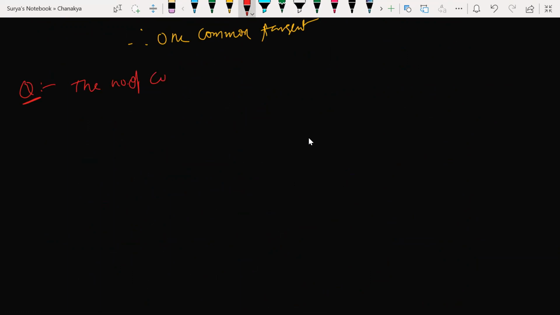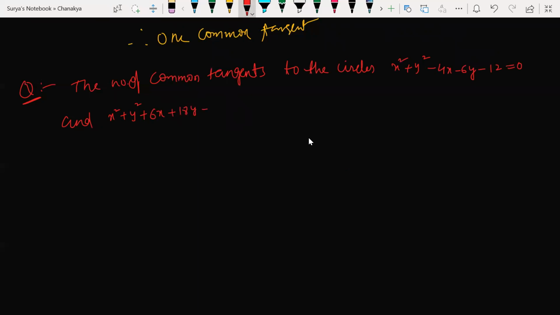The number of common tangents to the circles x square plus y square minus 4x minus 6y minus 12 is equal to 0, and the circle x square plus y square plus 6x plus 18y plus 26 is equal to 0 is dash.